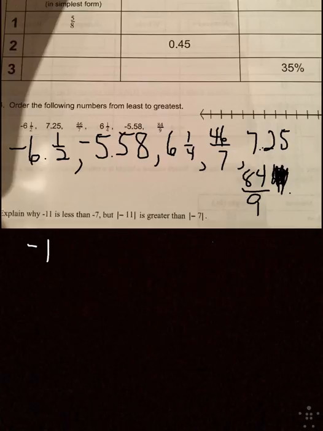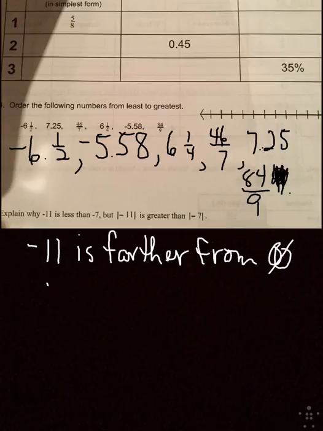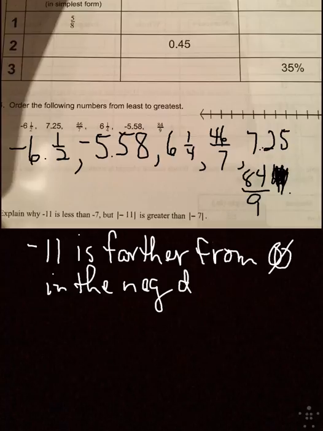Well, negative 11 is farther from 0 in the negative direction. So I know since the magnitude is higher that it's a lower or a less value number. So that's why negative 11 is less than negative 7.